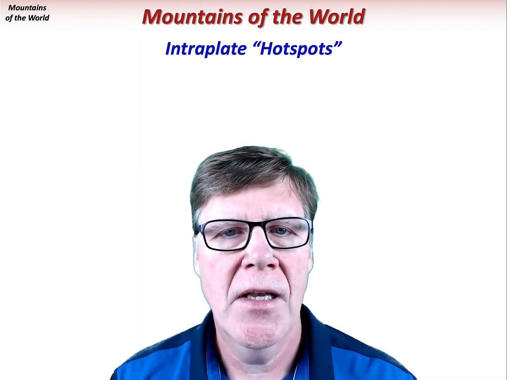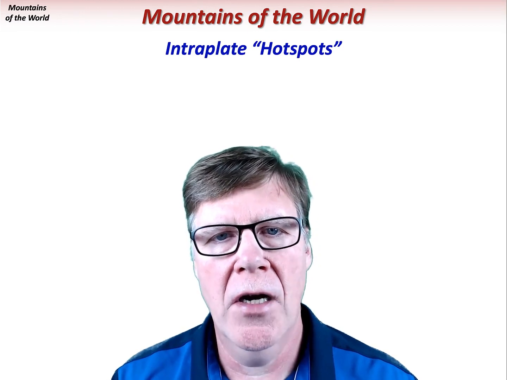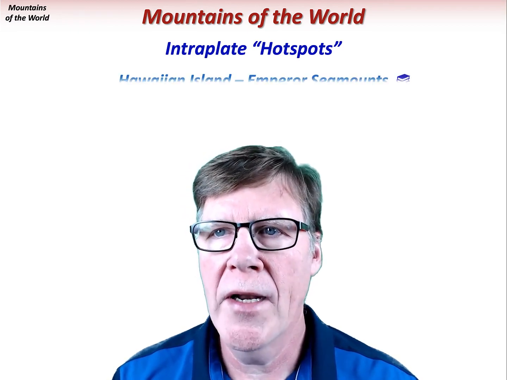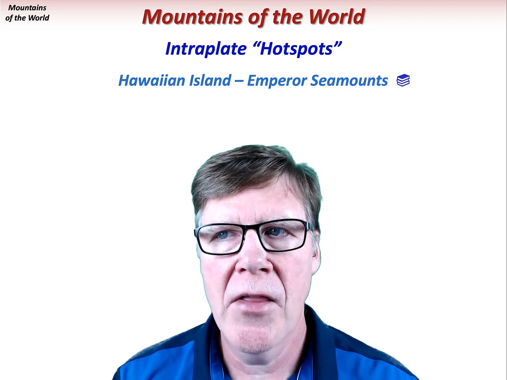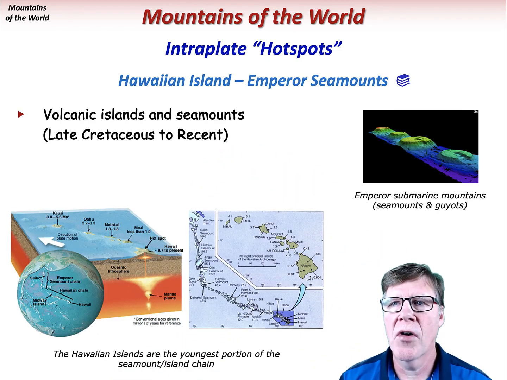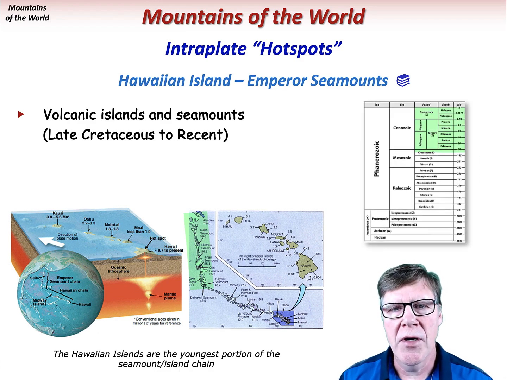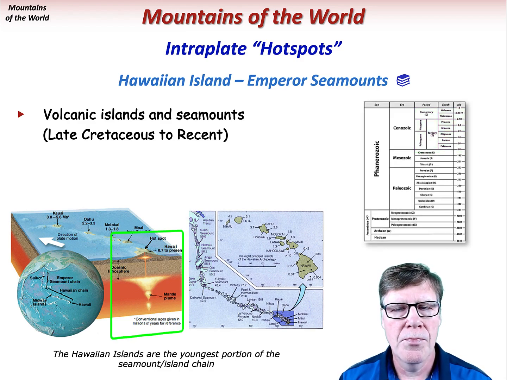Intraplate hotspots include numerous volcanic mountains that form both in the oceans and on continents. The Hawaiian Islands and Emperor Seamounts together represent a continuous line of volcanic islands and submerged volcanic mountains, known as seamounts, in the Pacific Ocean. The Emperor Seamounts began to form in the latest Cretaceous period, above a mantle plume.